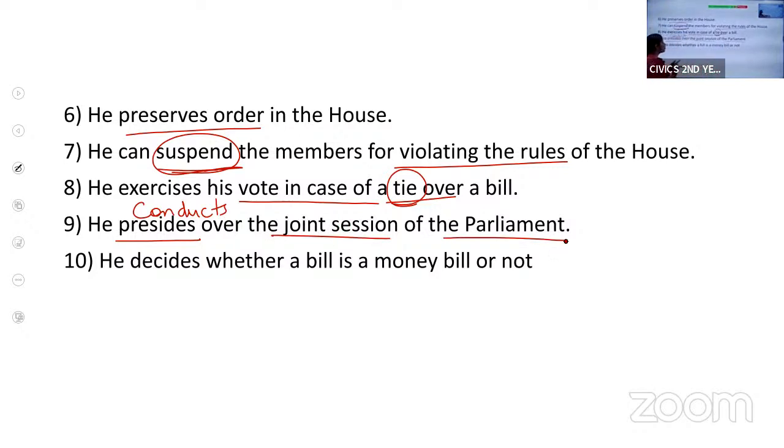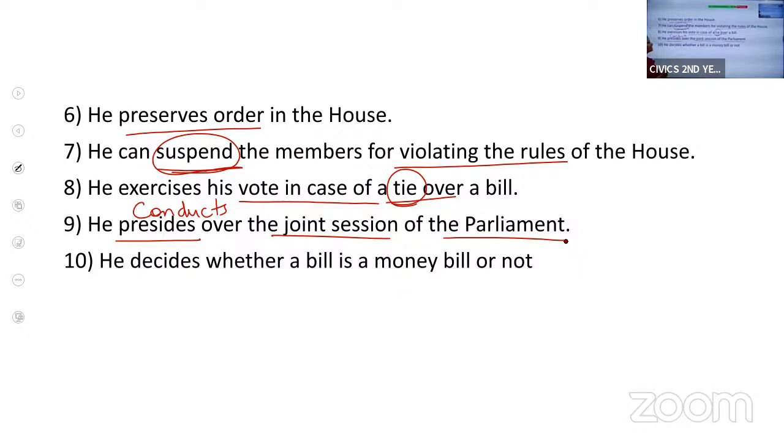I told you, when is joint session conducted? Who arranges it? Joint sessions are arranged by the president when there is deadlock. That means when both the houses are in disagreement with each other over a bill. Both the houses, Lok Sabha and Rajya Sabha, are in conflict over the bill.